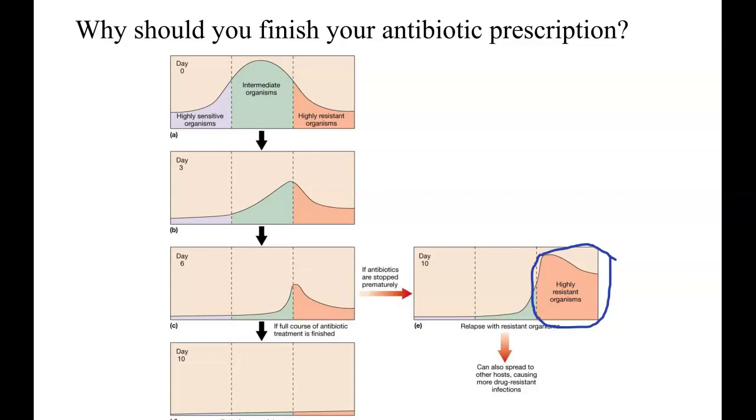Now, if we start taking our antibiotic, it's not going to work as well because of those highly resistant organisms. So now we're going to have to go back to the clinician and have them prescribe us a second line drug.